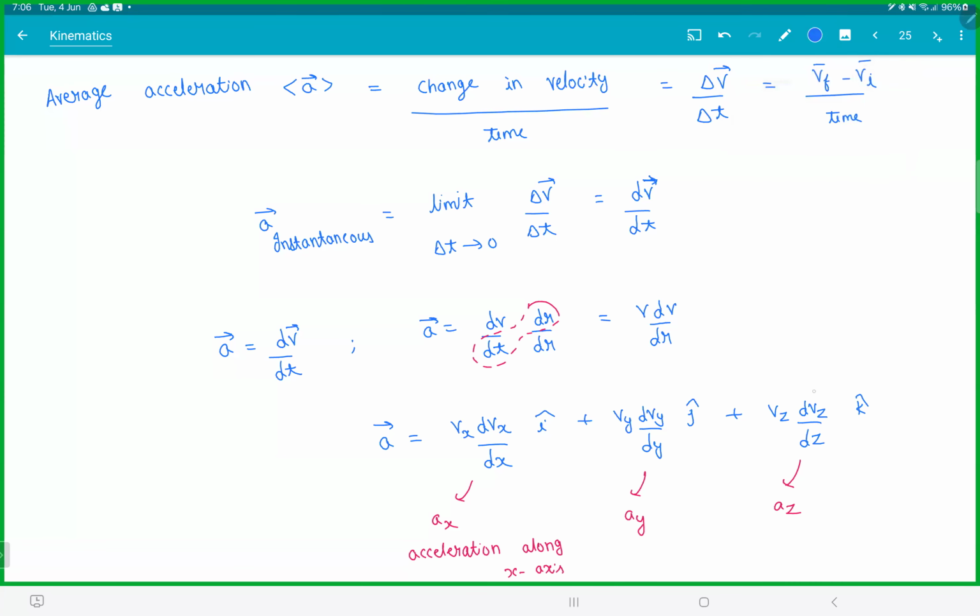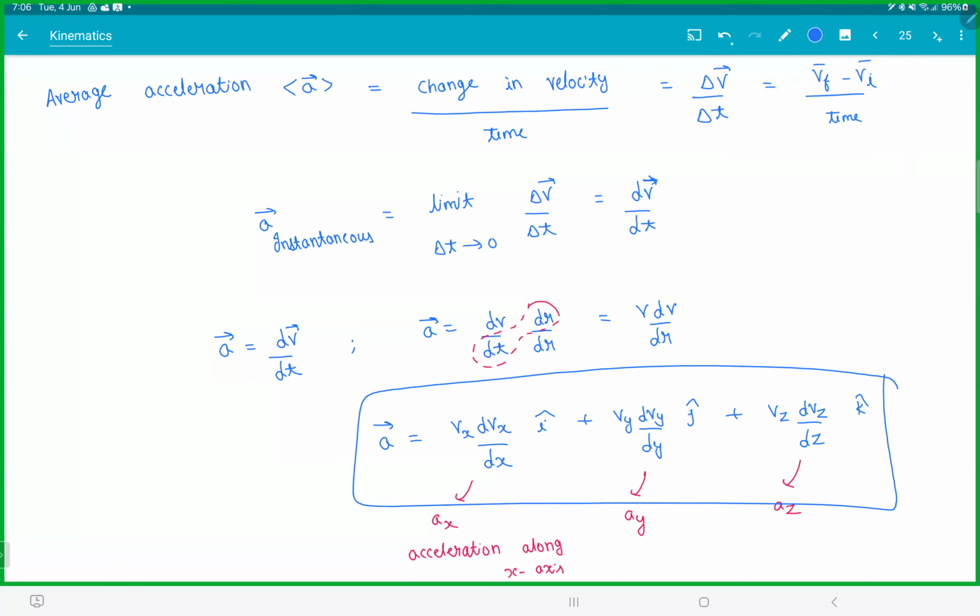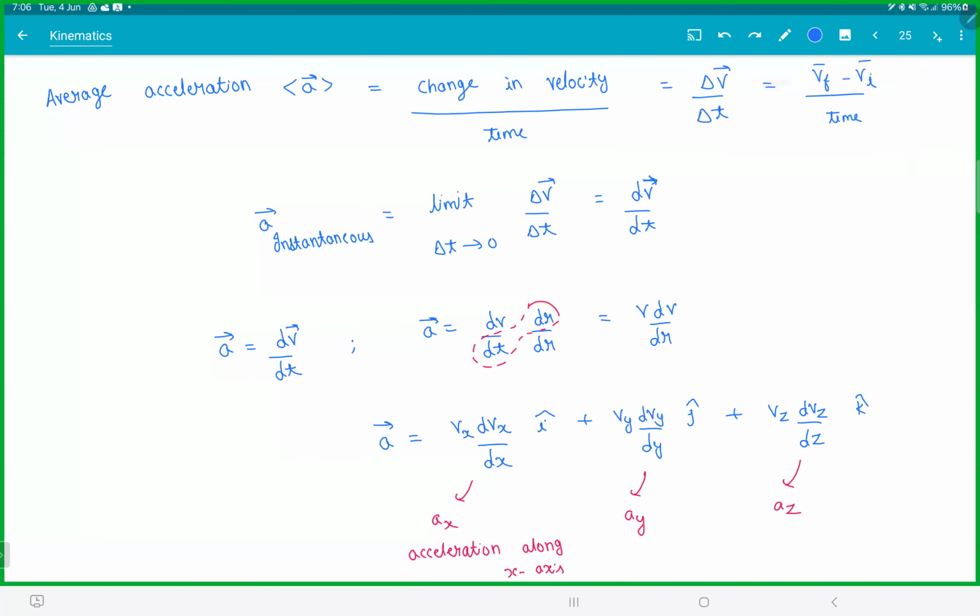But this is the right format of writing v dv by dx, i cap, j cap, k cap. Have a look at this. All clear with this?